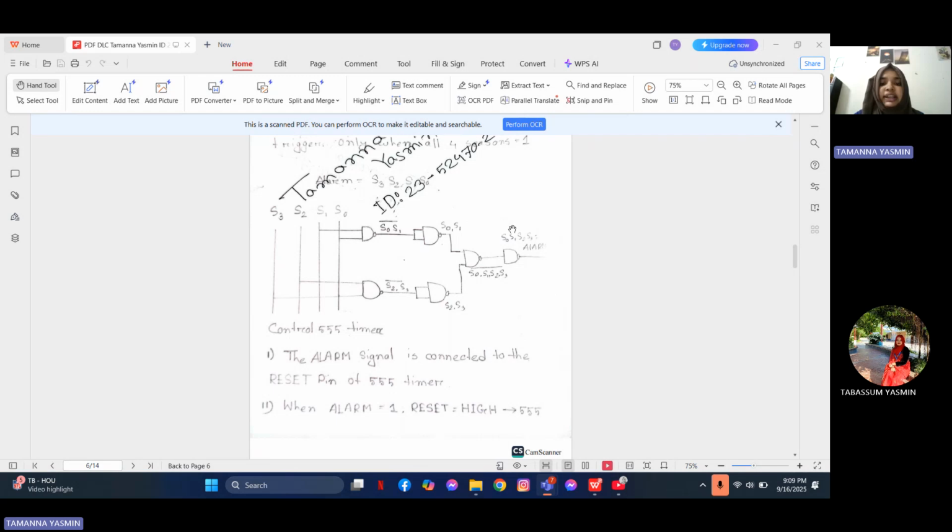The output of this gate is then fed into both inputs of a second NAND gate, which acts as an inverter. This final output gives us our alarm signal, which is high only when all four inputs are high.